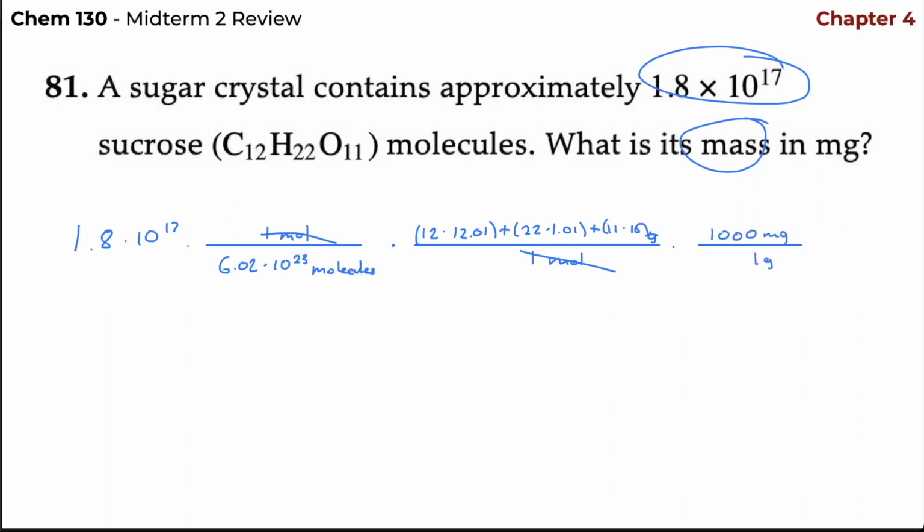The 1,000 has to be on the top so that the grams can cancel out, over 1 gram, and your big answer is going to be 0.10 milligrams of C12H22O11. Boom.